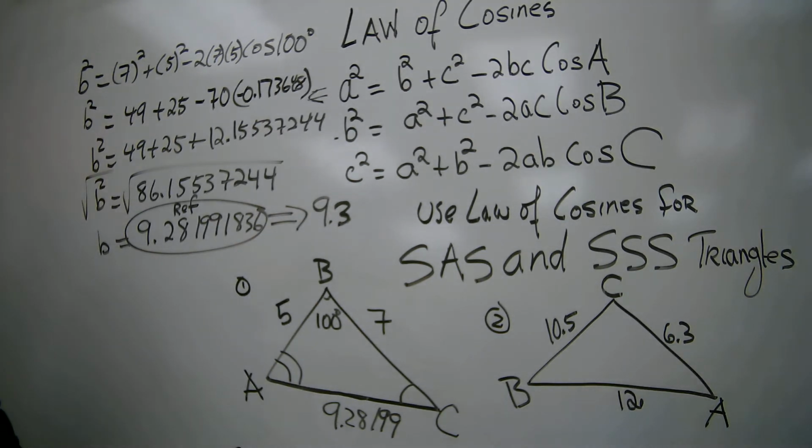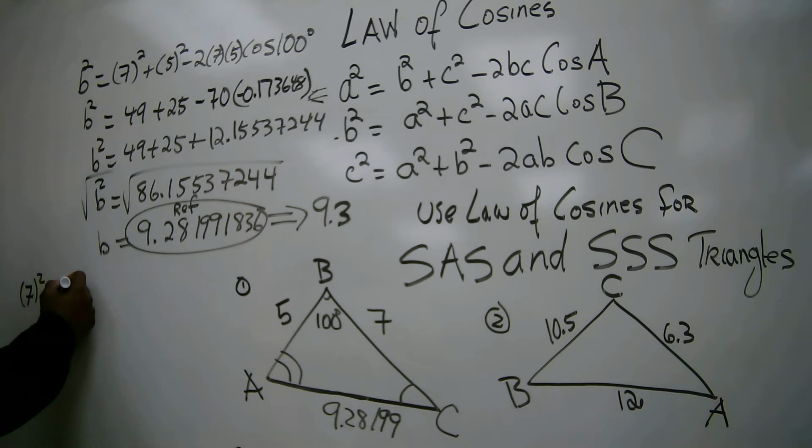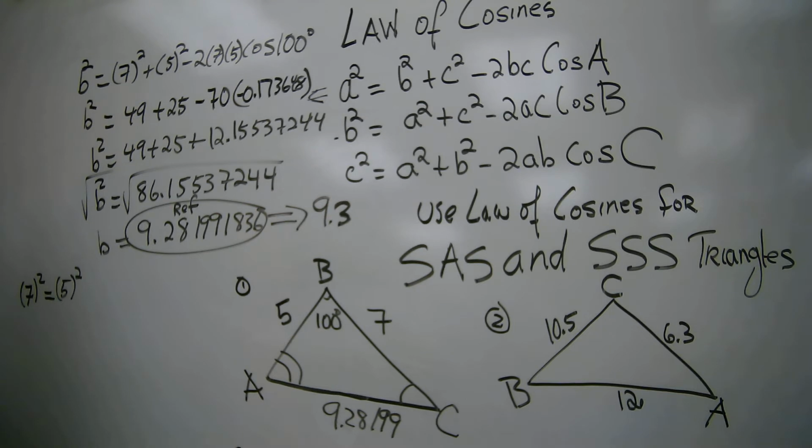Then I will set it as A squared, which is 7. We'll have 7 squared is equal to 5 squared, that's my C squared, plus B squared.